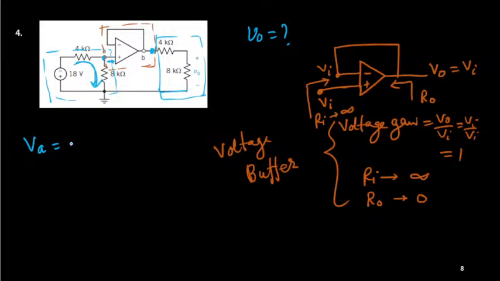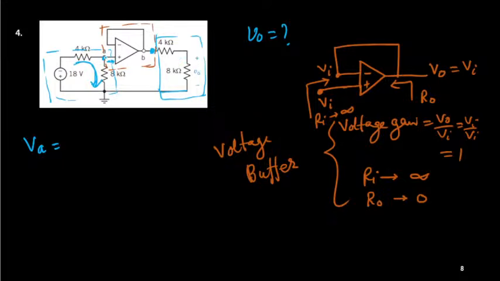If anybody is there, please try to give an answer. What is the potential at the node A? Meaning the potential across the 8 kilo ohm. Can you find the potential across this 8 kilo ohm?